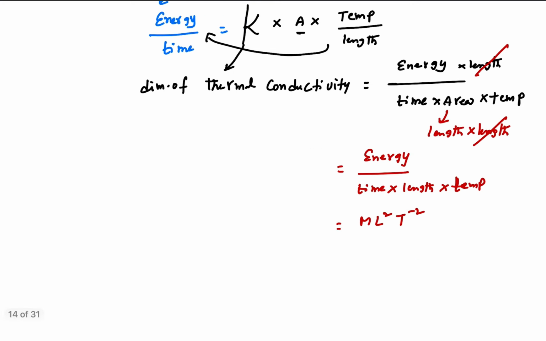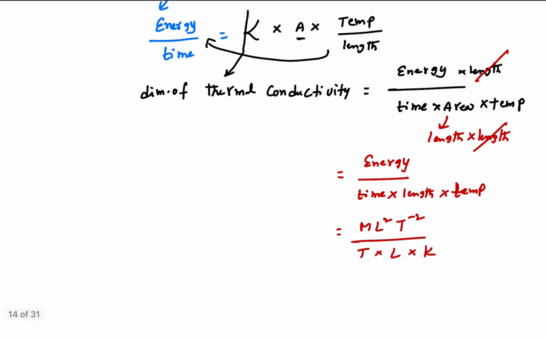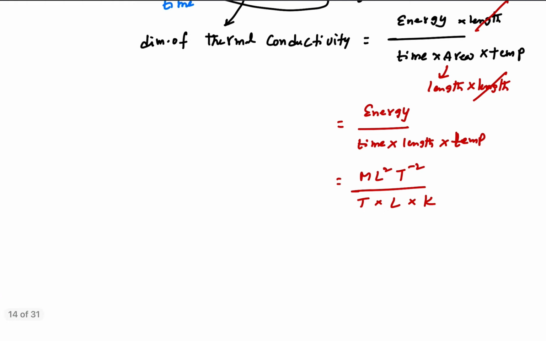Energy is m L square T power minus 2. Dimension formula for energy is m L square T power minus 2 divided by time is T, length is L, temperature is K. As per the question, you can see here K they are representing. We can represent with theta also. Okay. Now you can see L square and L one time get cancelled, and T remaining you will write m L T power minus 2 minus 1 K power minus 1.